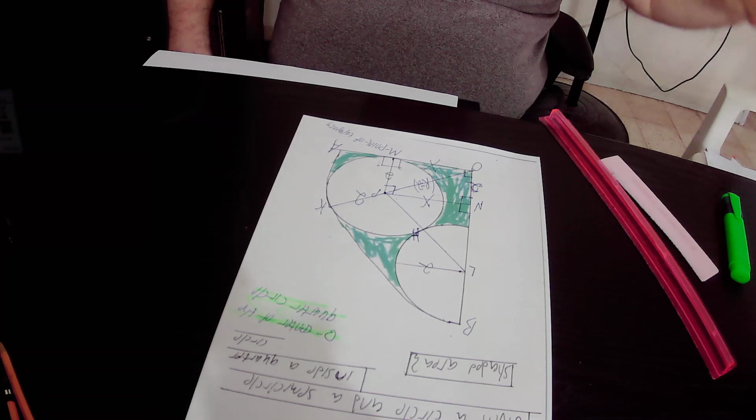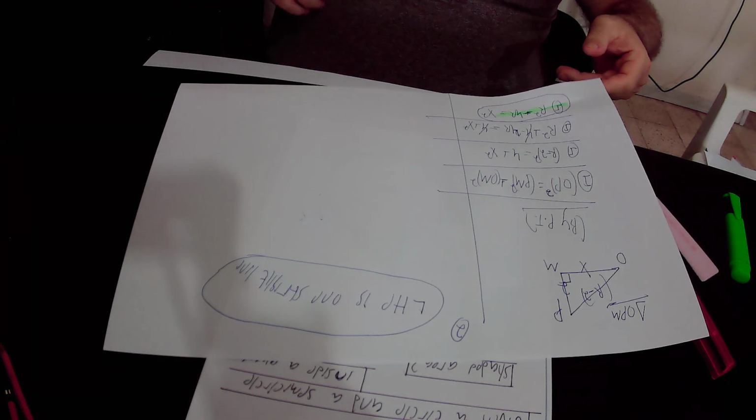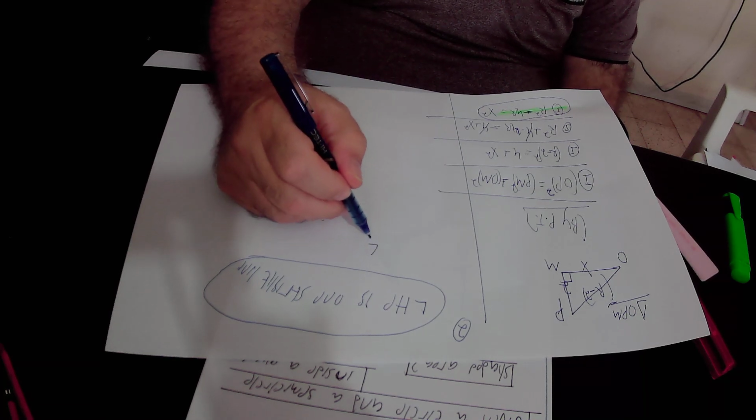So if LHP is a straight line, then LP is also a straight line.